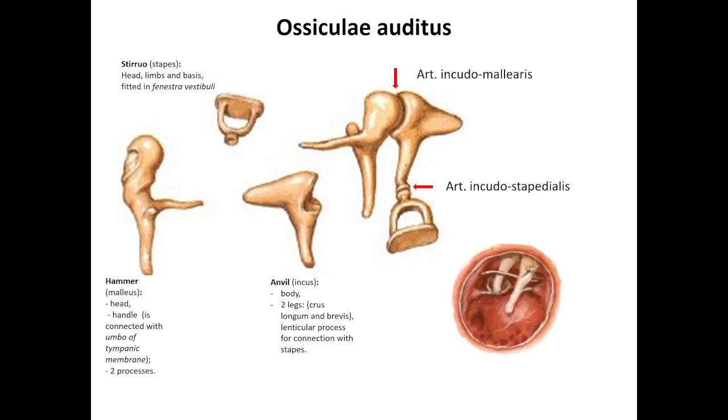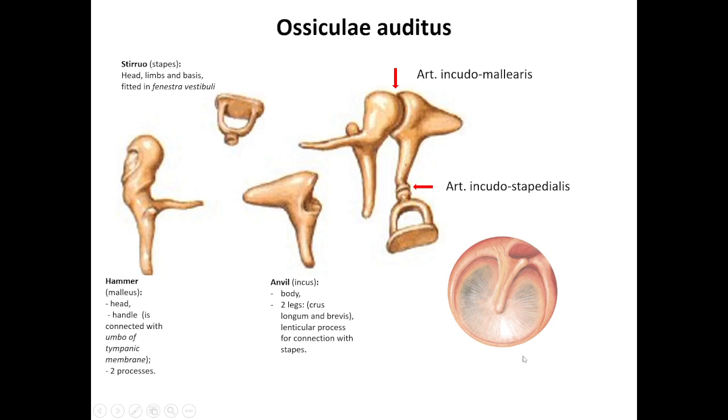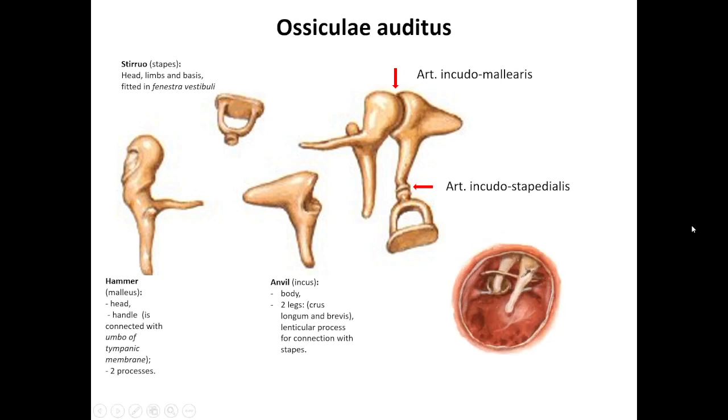Again, here it is the tympanic membrane, and we can see this part. What is it? It is the handle of the hammer. Now I have removed the tympanic membrane, and we can see these three bones together inside of the tympanic cavity.